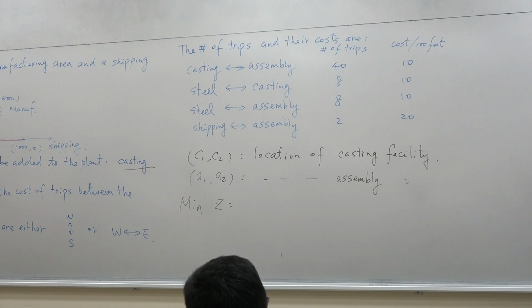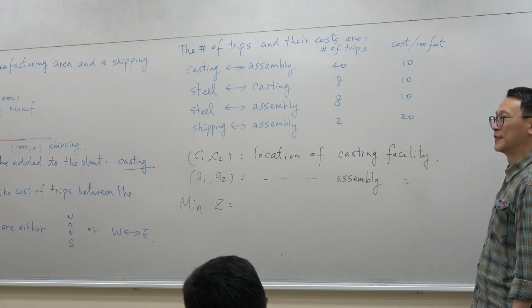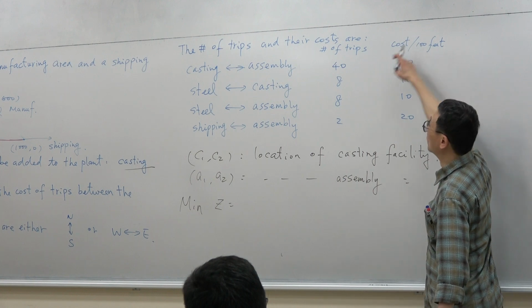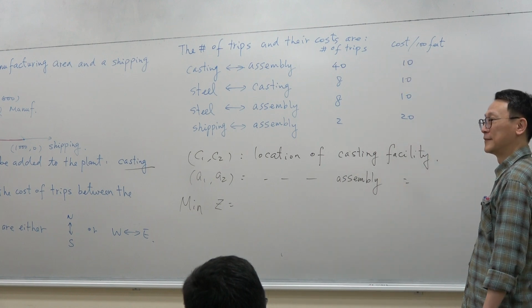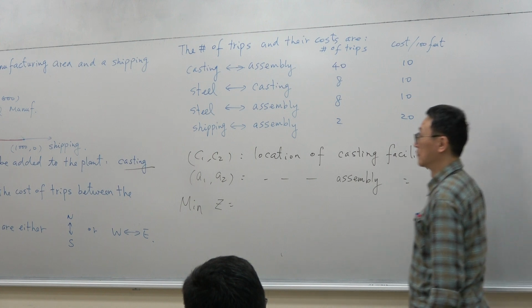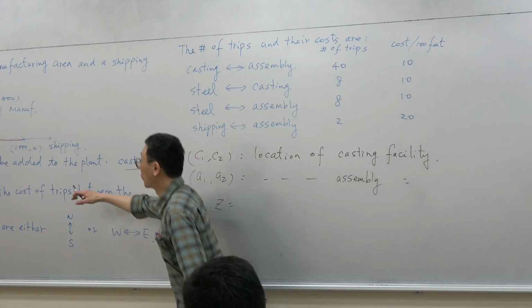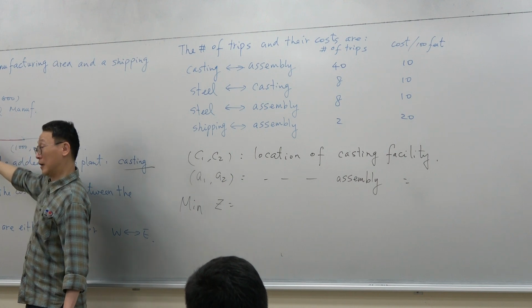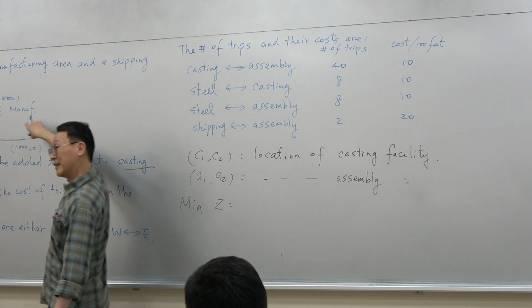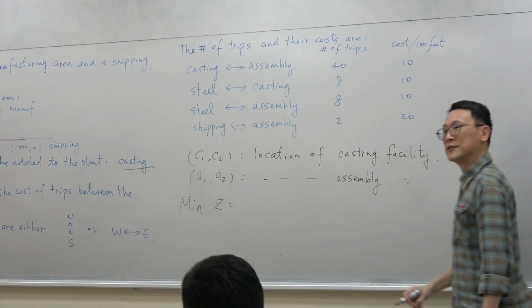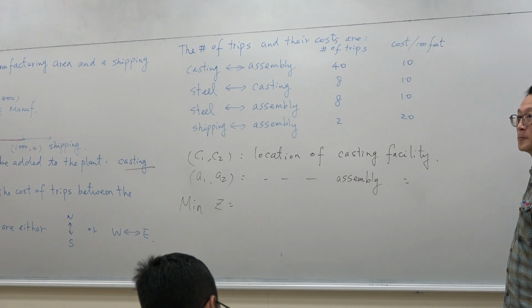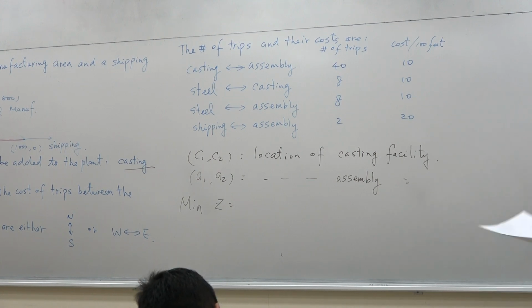How can I calculate? Maybe we can calculate the distance first and transform the distance to cost. Because, as I said, from here to here I need to calculate the rectilinear distance. Think about this idea.